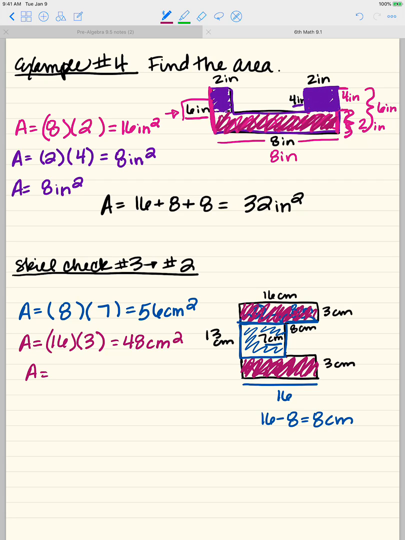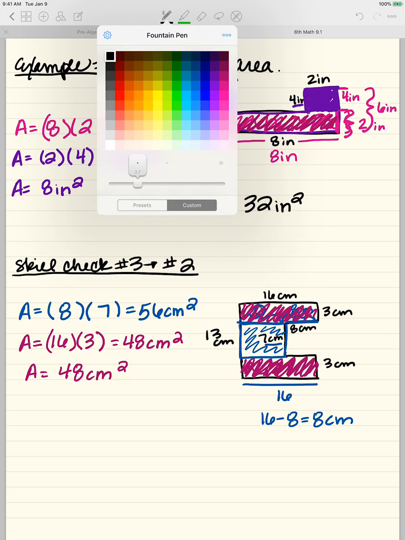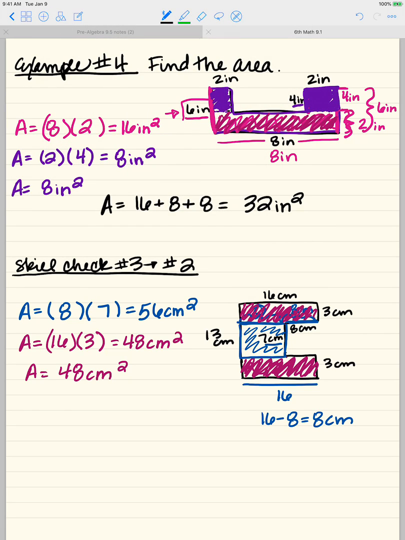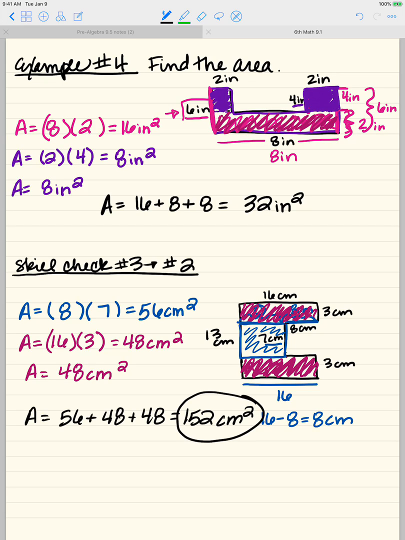So the area of the other one is also 48 centimeters squared. In order to figure out the area of the entire shape, add up those 3 areas. Area is equal to 56 plus 48 plus 48 is equal to 152 centimeters squared, and you're done.